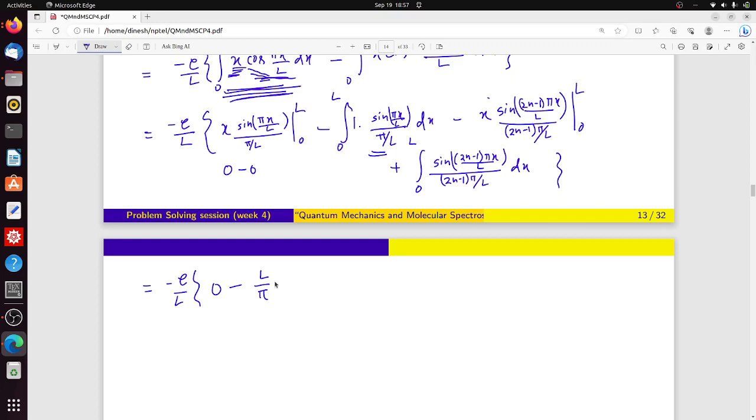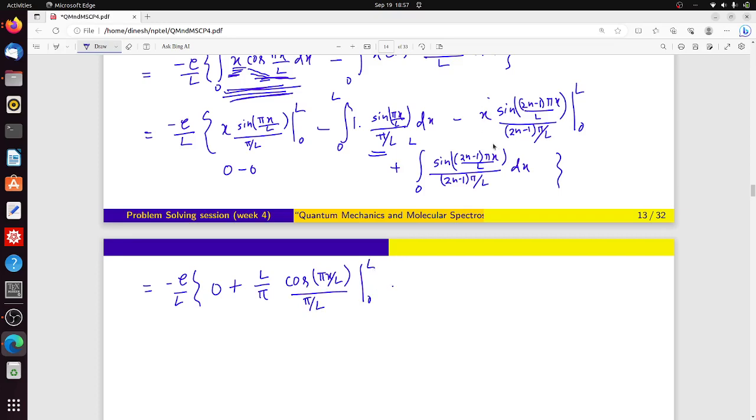What is the integration of sine function? Minus cos. Yeah, minus cos. So it will be minus minus plus here. So this is cos pi x over L by pi over L, limit from 0 to L, right.